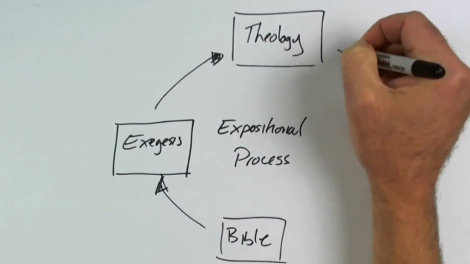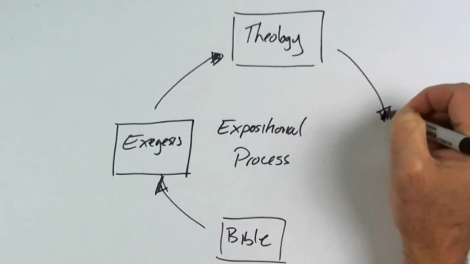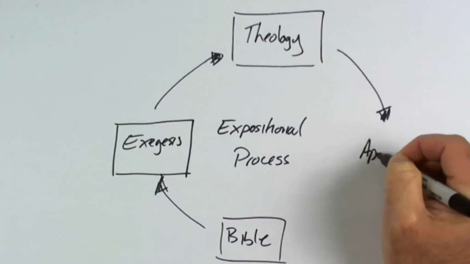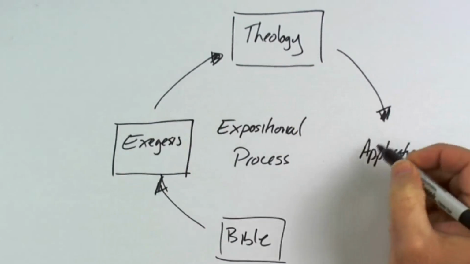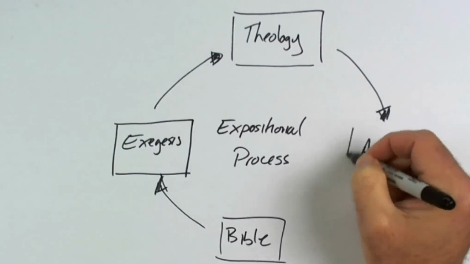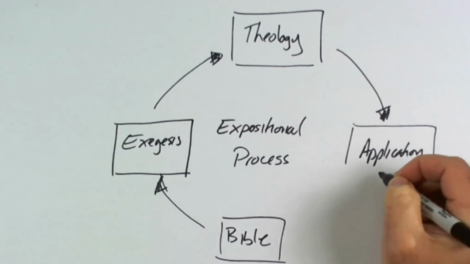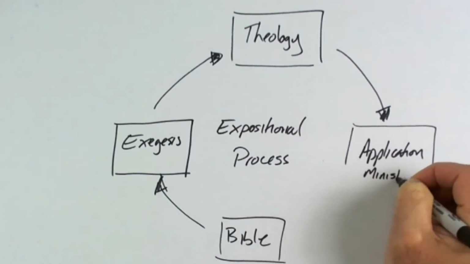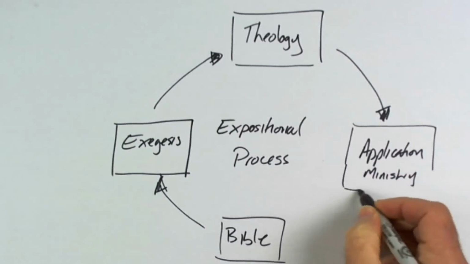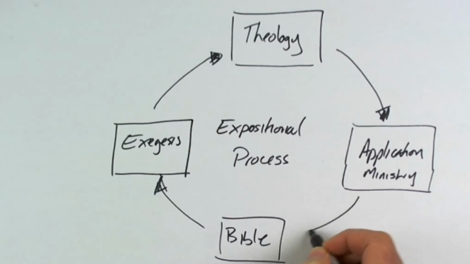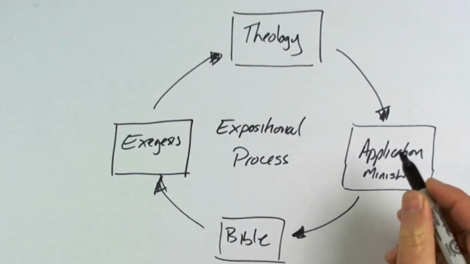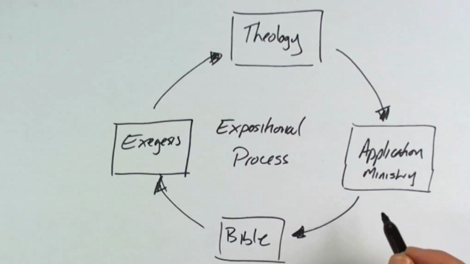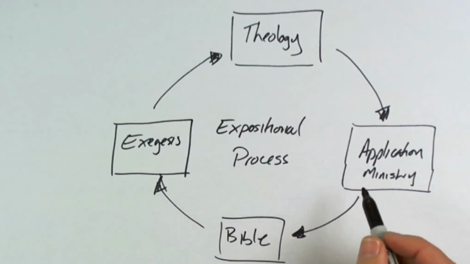And having done the theology, you work out your application based on that theology, which is in turn based on the exegesis of the passage. It could be application, ministry, it could be another word we could use for this step. And then that is going to help inform our understanding of the Bible, and around we go again. So they're the key steps in the expositional process.